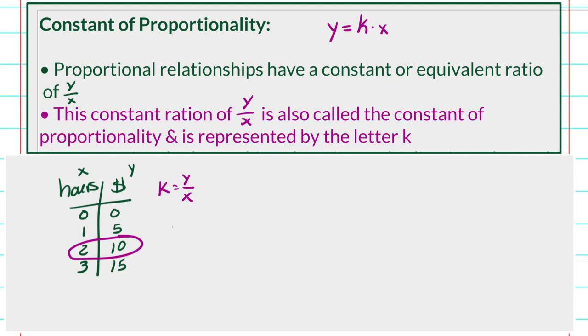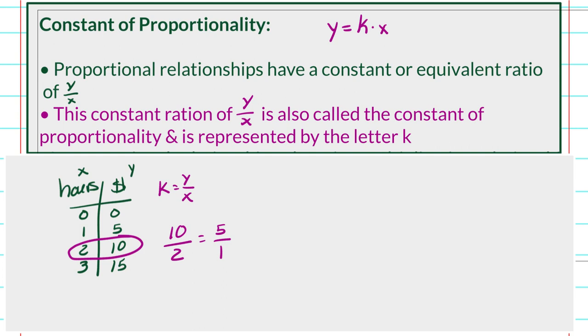So my y value was 10. My x value was 2, so 10 over 2. Looking at this, I can simplify this fraction. It simplifies to 5 over 1.